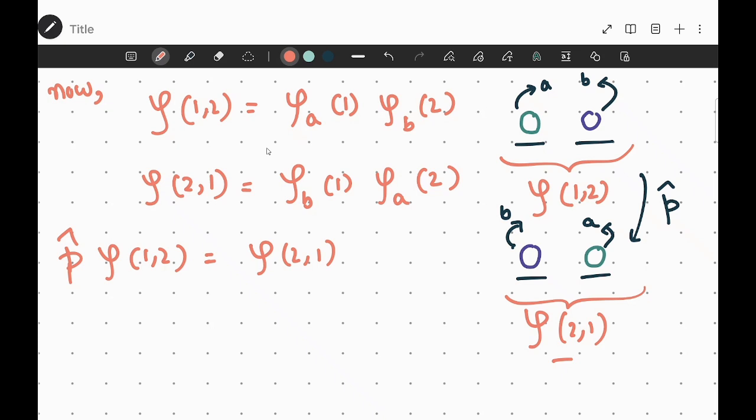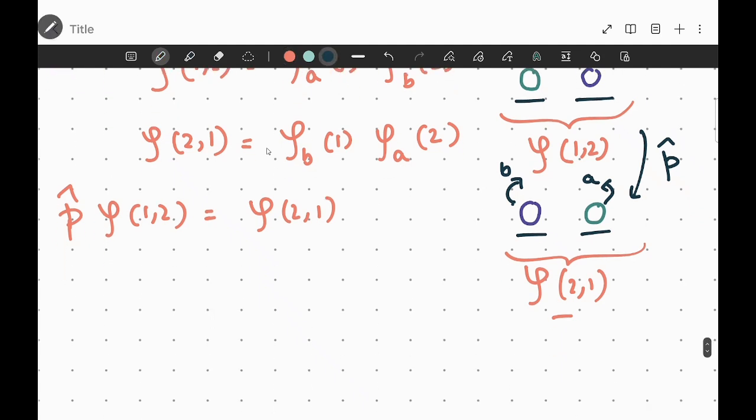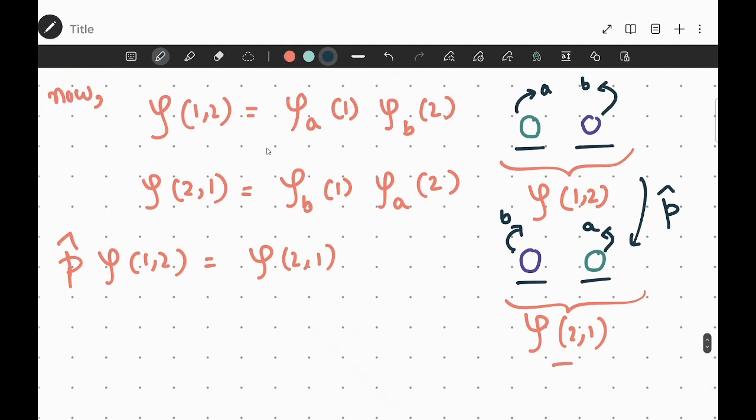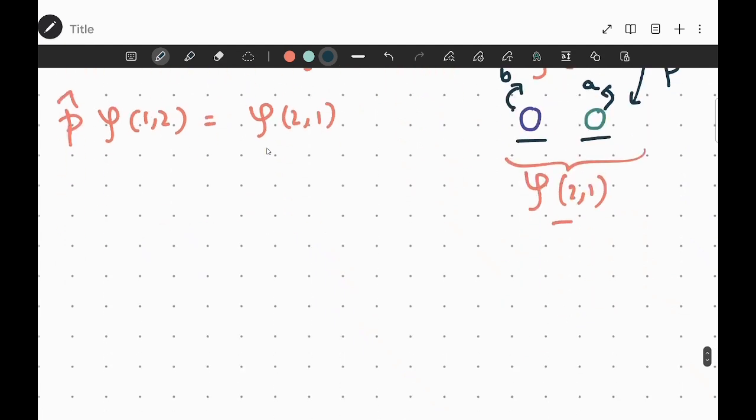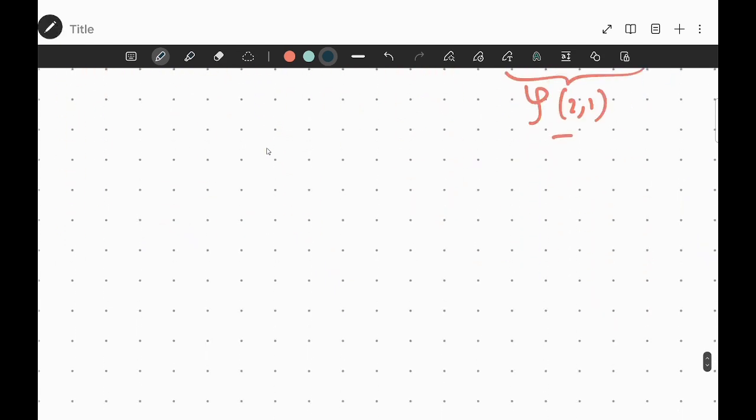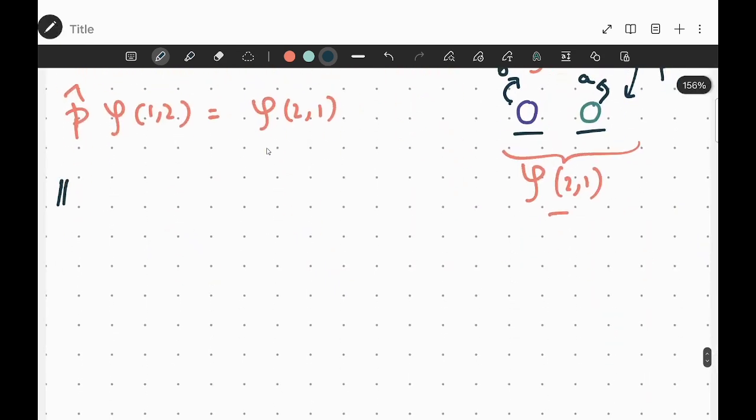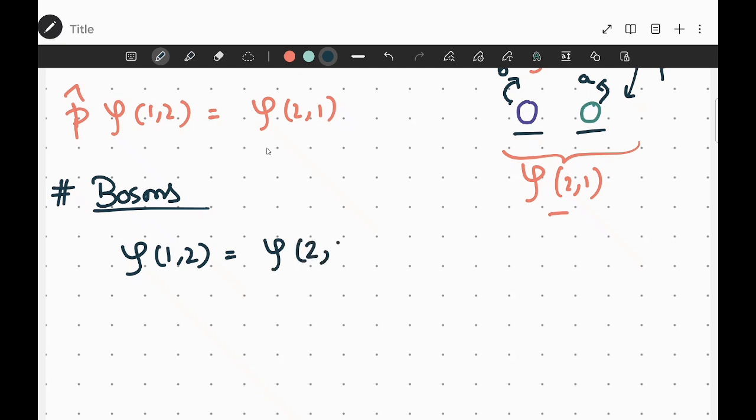Okay. So now one thing you have to check, as we have discussed, is that it should be symmetric. So let us consider the boson. For bosons, psi 1 2 should be equal to psi 2 1.